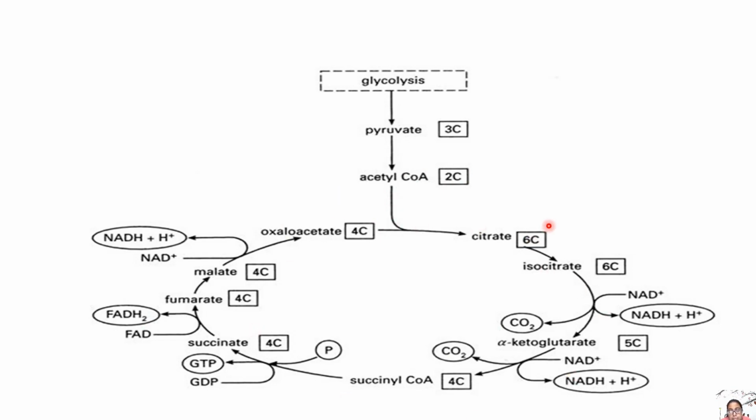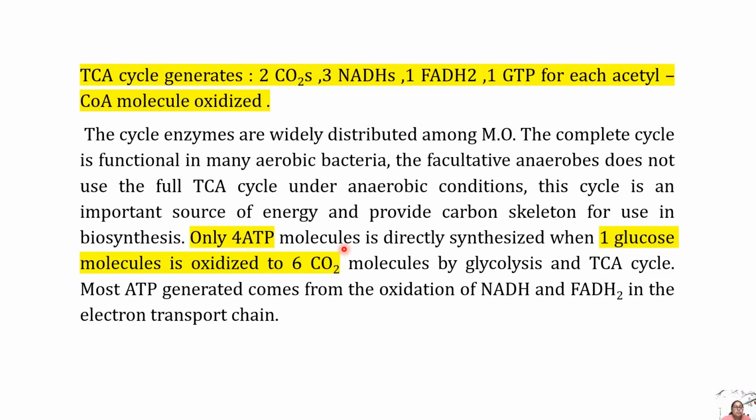Citrate is a 6-carbon compound, then isocitrate, alpha-ketoglutarate, succinyl-CoA, succinate, fumarate, malate, and oxaloacetate. And obviously, we have a bunch of enzymes that catalyze this process. The TCA cycle generates 2 CO2s, 3 NADHs, 1 FADH2 and 1 GTP for each acetyl-CoA molecule oxidized.